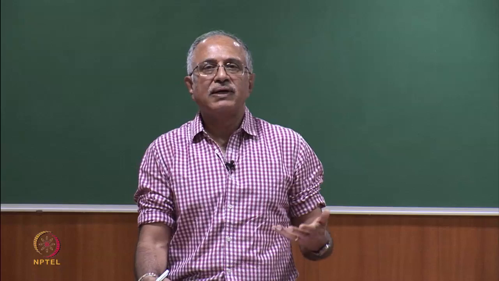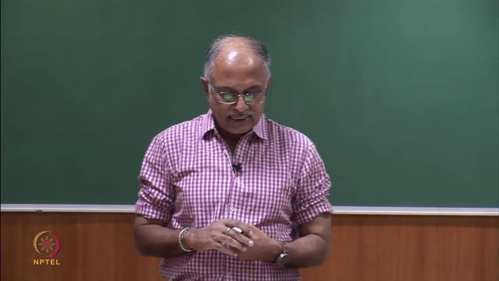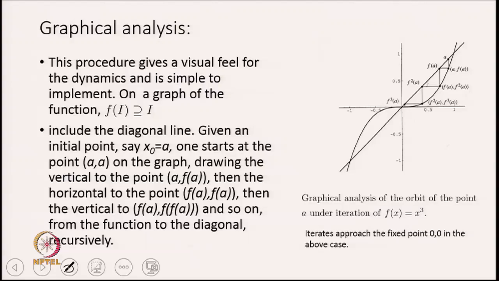One very simple way to do this is through graphical analysis in the following way. You draw the function f of x and you graph the diagonal line y equal to x. The intersection of the function and the diagonal line will tell you where the fixed points are.